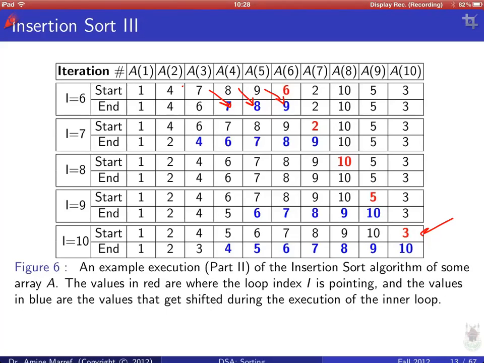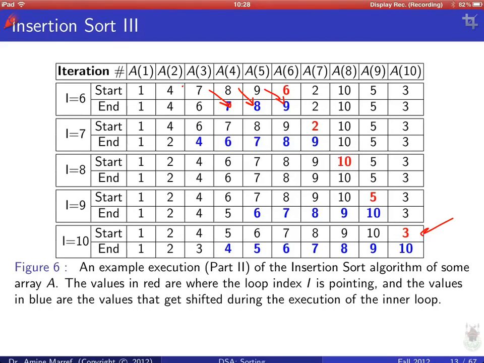So again, while we have not reached the beginning of the sequence, and while the value that we are comparing to is still bigger than the current value, what we do is we shift to the right. And we continue doing that until either we find some A of j which is less than or equal to the current value, or we reach the beginning of the sequence.